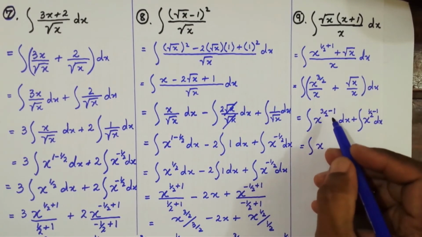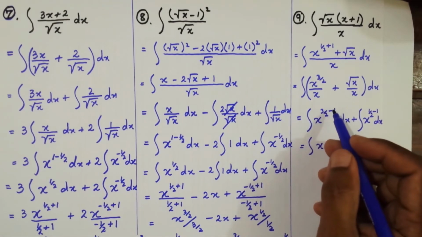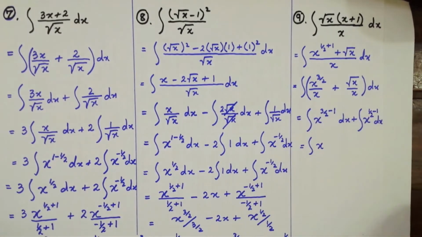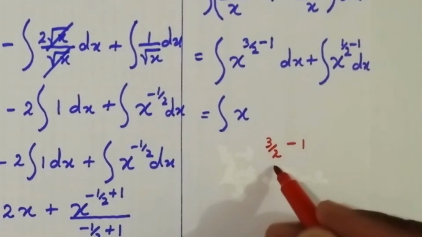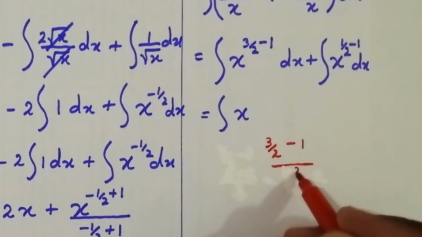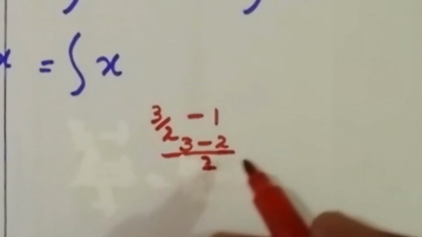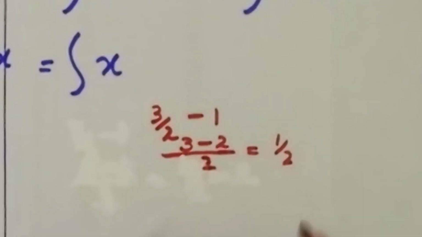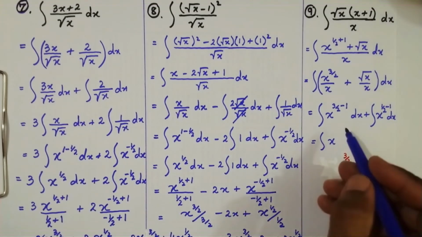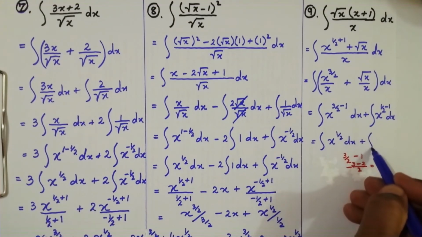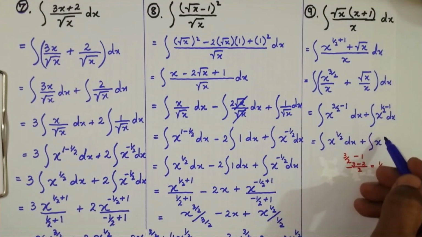Now after taking LCM of this value, I will show you how: 3 by 2 minus 1, here LCM is 2, here you will get 3 minus 2. The answer is 1 by 2. Now this is the LCM of 3 by 2. Here you will write 1 by 2 dx plus, here LCM of 1 by 2 minus 1 is minus 1 by 2.